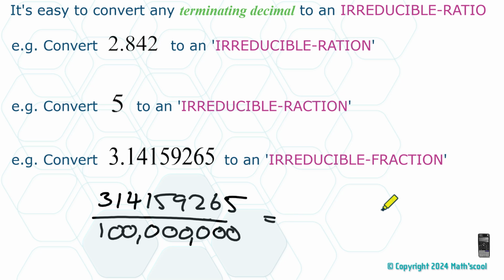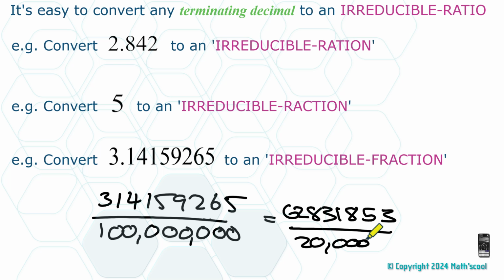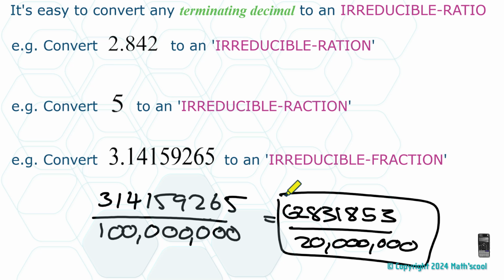That's going to give me 6283185, and divide the bottom by 5, so that's just going to be 20,000,000. So there's my fraction that equates to that and is irreducible.